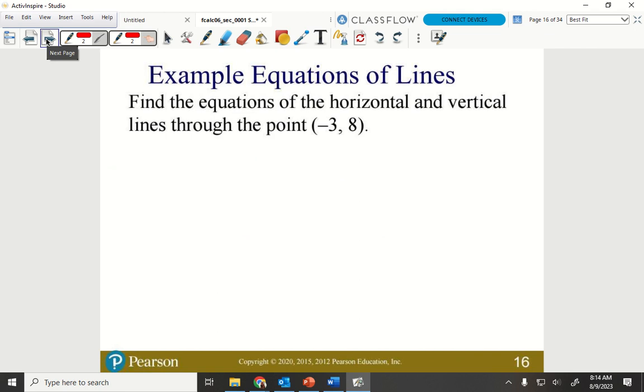Find the equation of the horizontal and vertical lines through this point. Now, on your notes, let's see if you guys paid attention yesterday. The horizontal and vertical lines. So label it accordingly. You can look back in your slides to find a definition for horizontal and vertical lines, and use that point to tell me each.